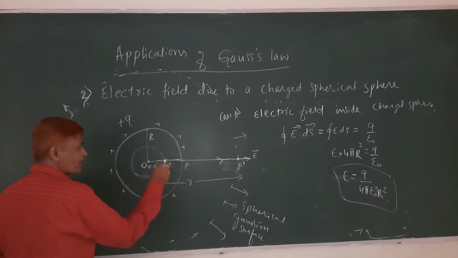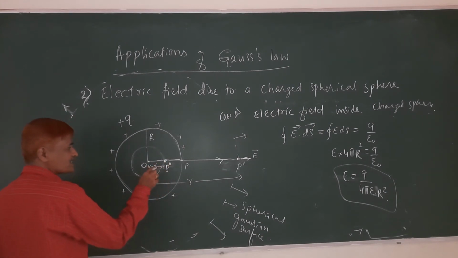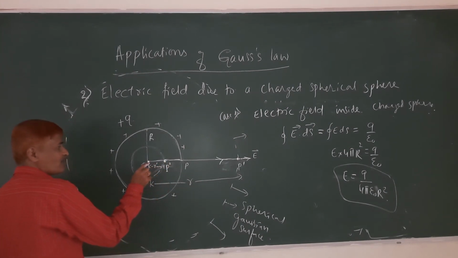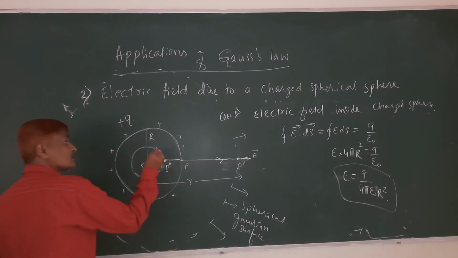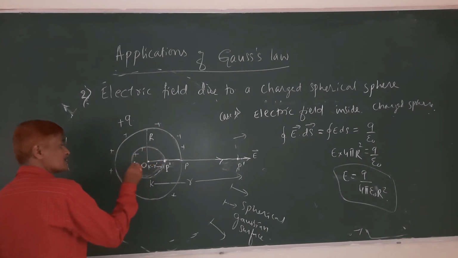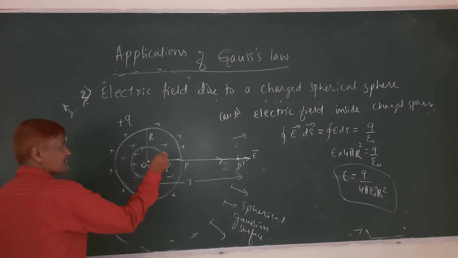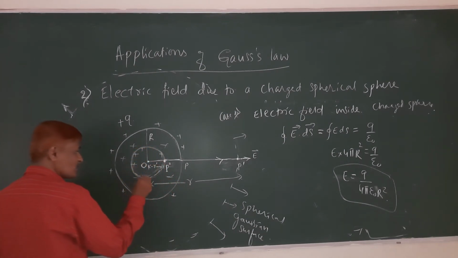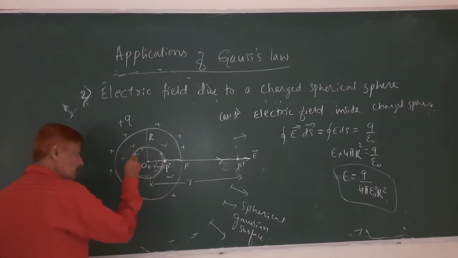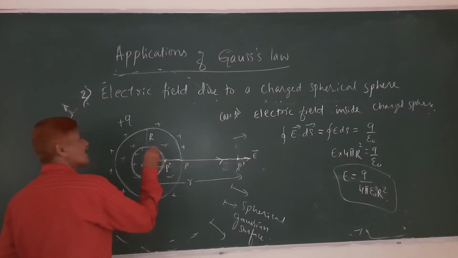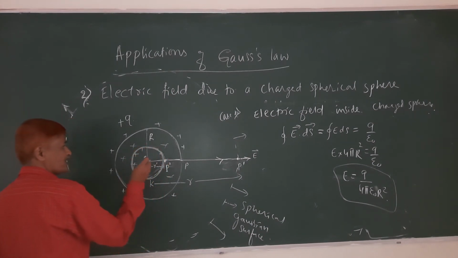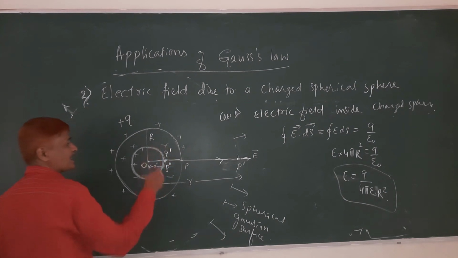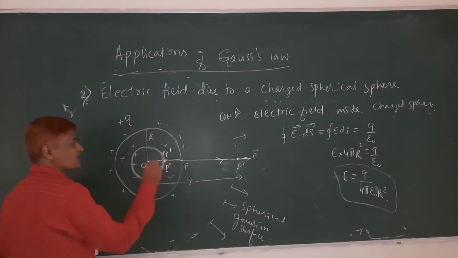Now we are taking the point P double dash at a distance r dash from point O. This is a solid sphere, so there are charges on this also. The charges are everywhere in the solid sphere, and we have to consider only the charge on this inner sphere. Let us write its charge as plus q dash.